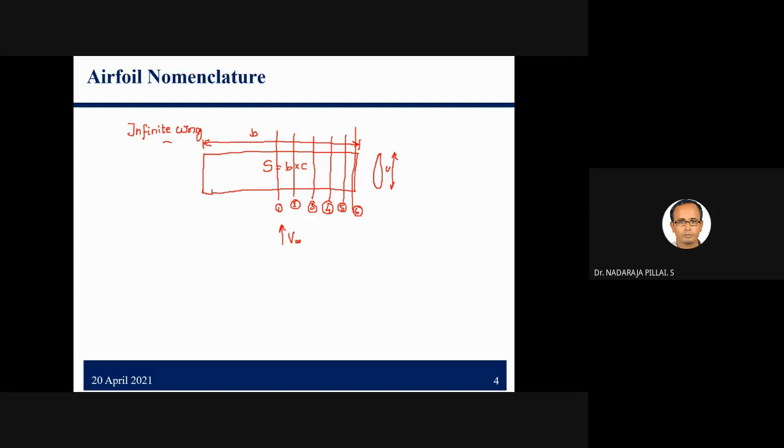If you see the behavior at cross sections 1, 2, 3, the surface pressure behavior will be the same. And I can say that 1, 2, 3, 4 also it is the same.